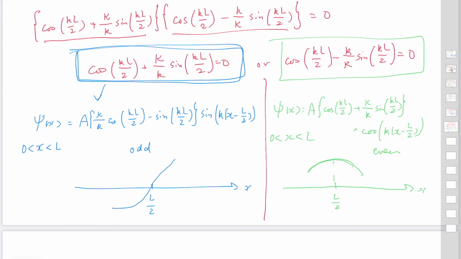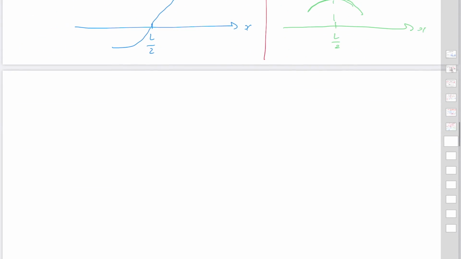Then we'd like to solve each case, the blue case and the green case. For the blue case, you can express cosine kL over 2 plus kappa over k sine kL over 2 equals 0.